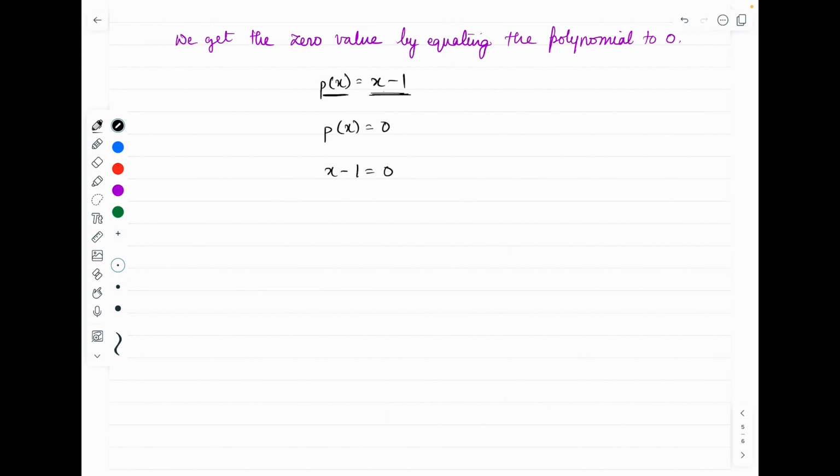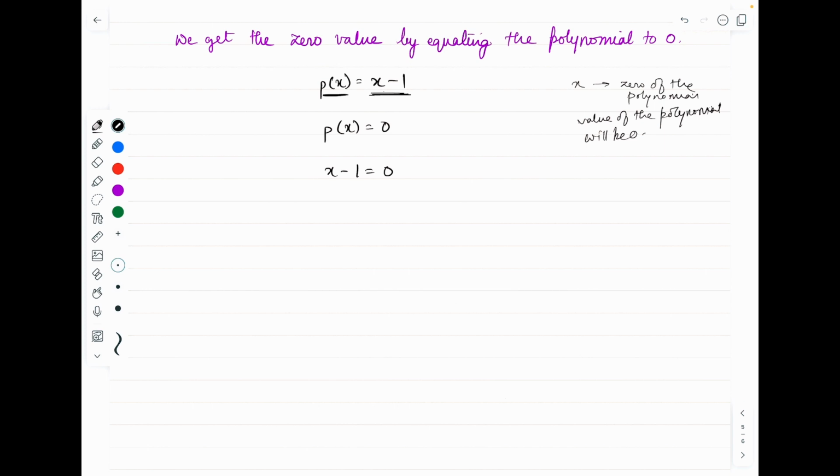We know that when the value of the variable x is the zero of the polynomial, the value of the polynomial will be 0. We know that.